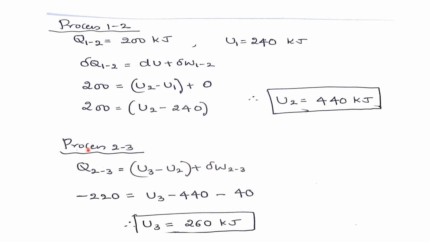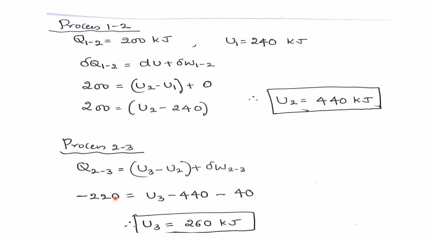Now we will solve process 2 to 3. Again by the same equation from the first law of thermodynamics, Q23 is equal to U3 minus U2 plus delta W of 23. During this constant pressure process, 220 kilojoules of heat is rejected. Heat is transferring from the system, so definitely it will be negative.